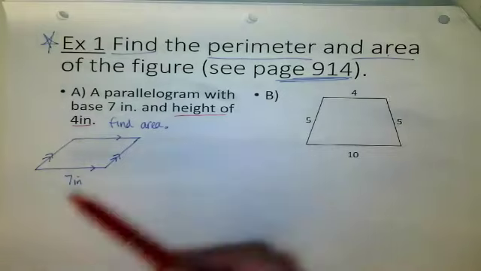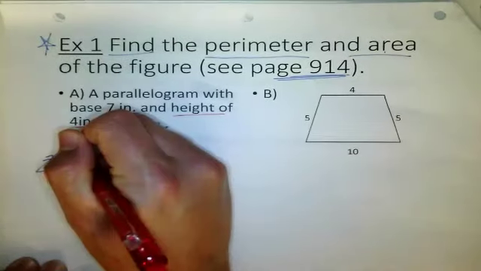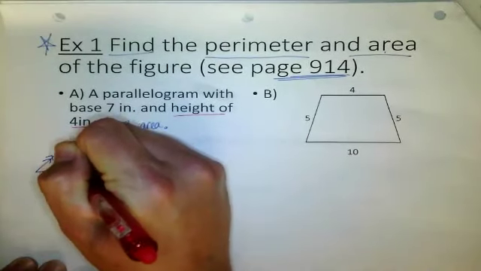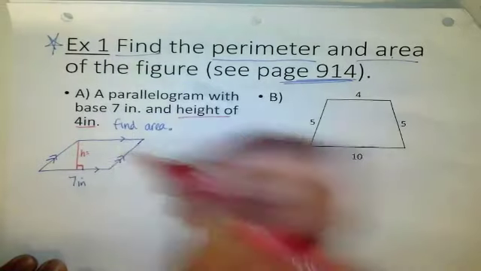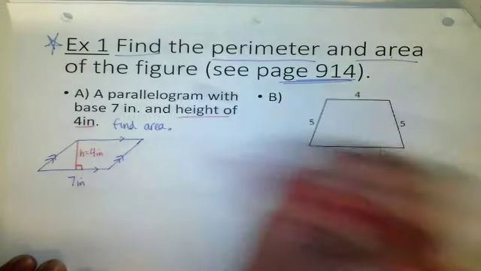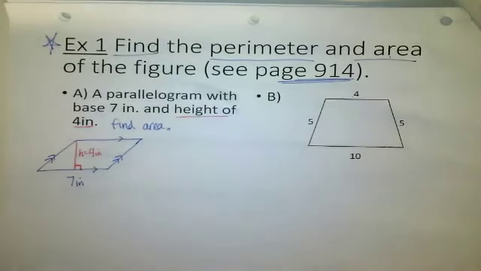That assumes that the top is also 7. Where is the 4 supposed to be? Yes, it's perpendicular. Height is defined as perpendicular to the base. So it's always perpendicular. So this is the height, and in this case, the height is 4 inches. Over here, this might be called a slant height, all right? But we want to make sure that we know height is just perpendicular.